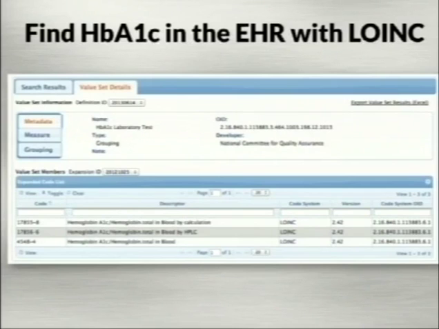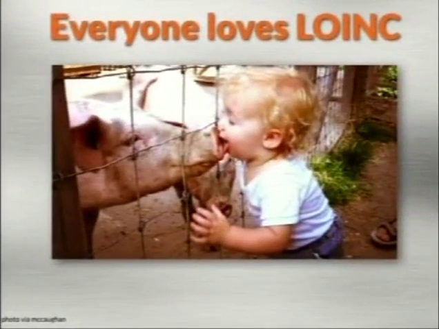How does that get expressed? When we're talking about hemoglobin A1C level, I need a list of possible LOINC codes to look for in the EHR to figure out whether my patient met or did not meet that criteria. So I'll summarize all of that by saying everyone loves LOINC, but you might not want to try that at home.